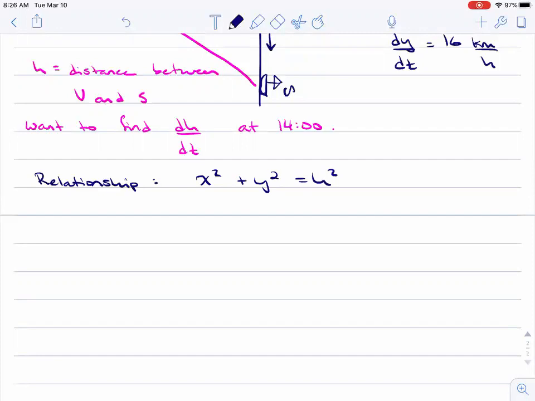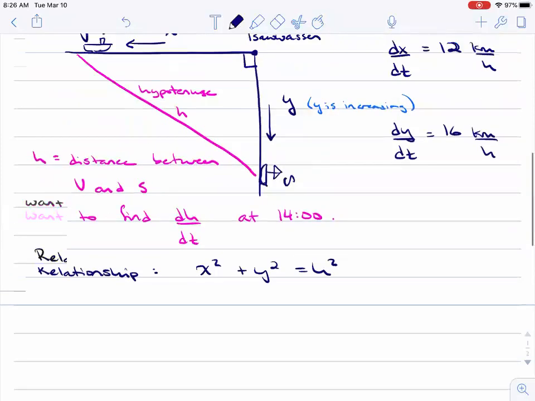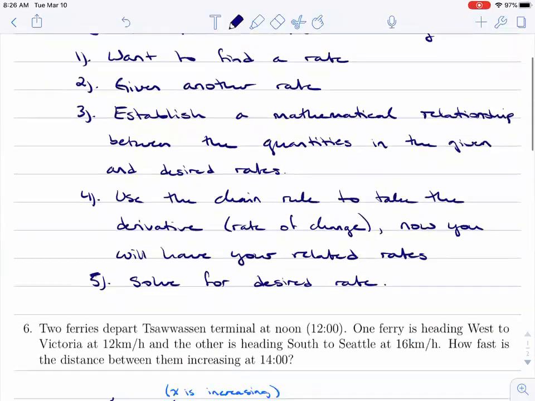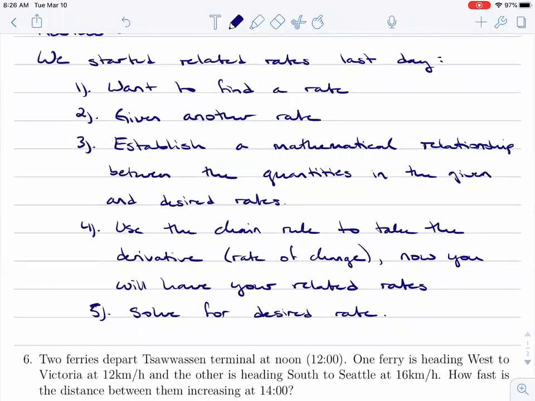So we have to establish that relationship. And then what do we use? The chain rule, right? So here we want to find a rate, dh dt, and we have two more rates, dx dt, dy dt, and then we establish a mathematical relationship between the quantities in the given and the desired rate. That's what we just did, right? x squared plus y squared is h squared. And so now we're going to use the chain rule to take the derivative, and now we'll have an equation that relates these rates.